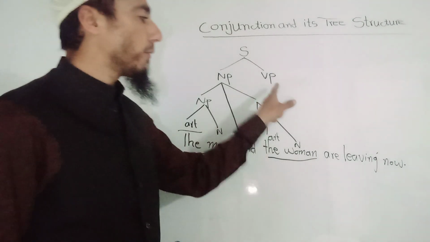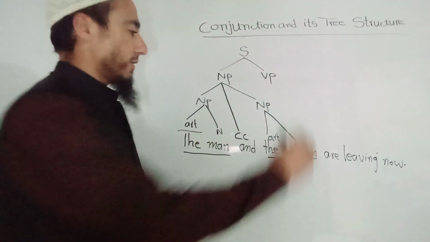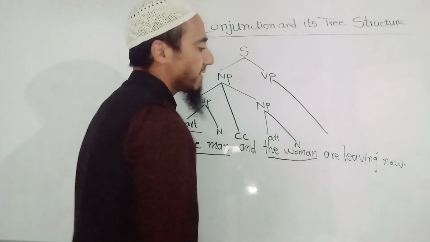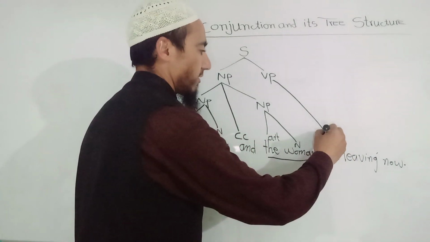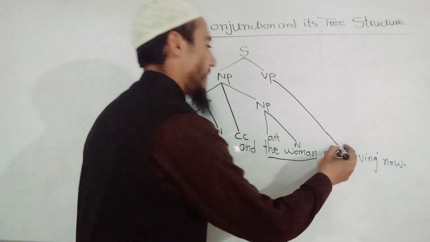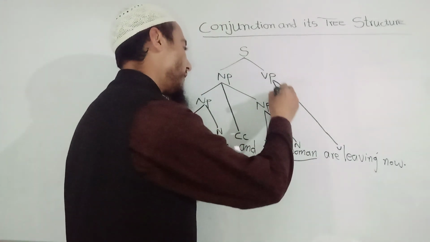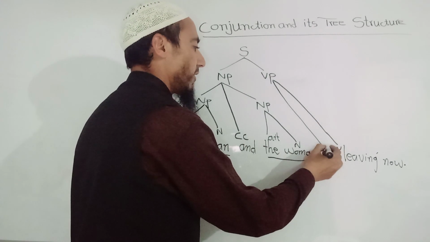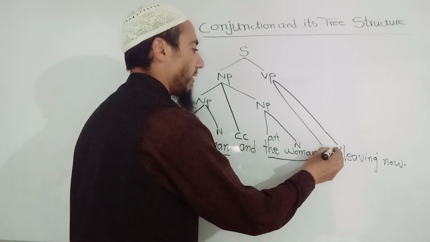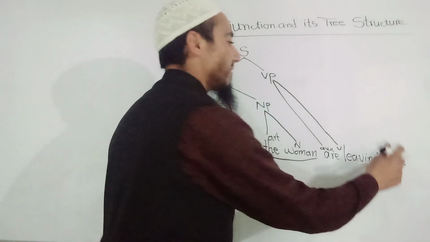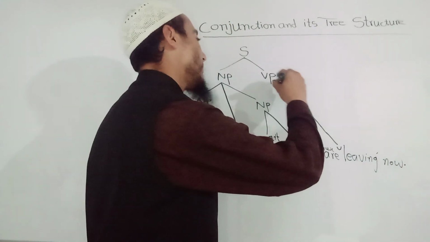Now we are taking VP, which means verb phrase. What is VP here? Living is V, which means verb, and with the verb we have auxiliary verb, that is are, or helping verb. And what is now? Now is adverbial phrase.